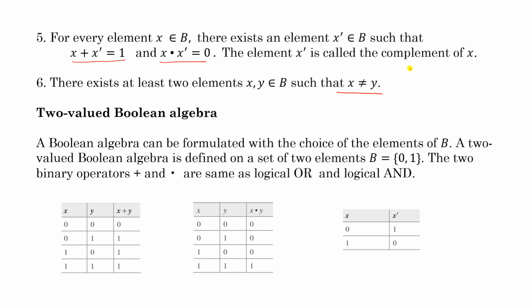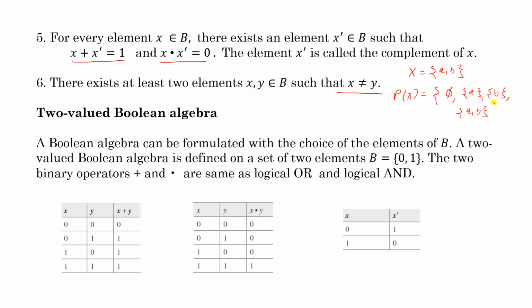I will give you one example. Suppose you have a set X equal to {A, B}, and if you write all the subsets of X, that is you write the power set of X, then the elements will be phi, {A}, {B}, and finally {A, B}.